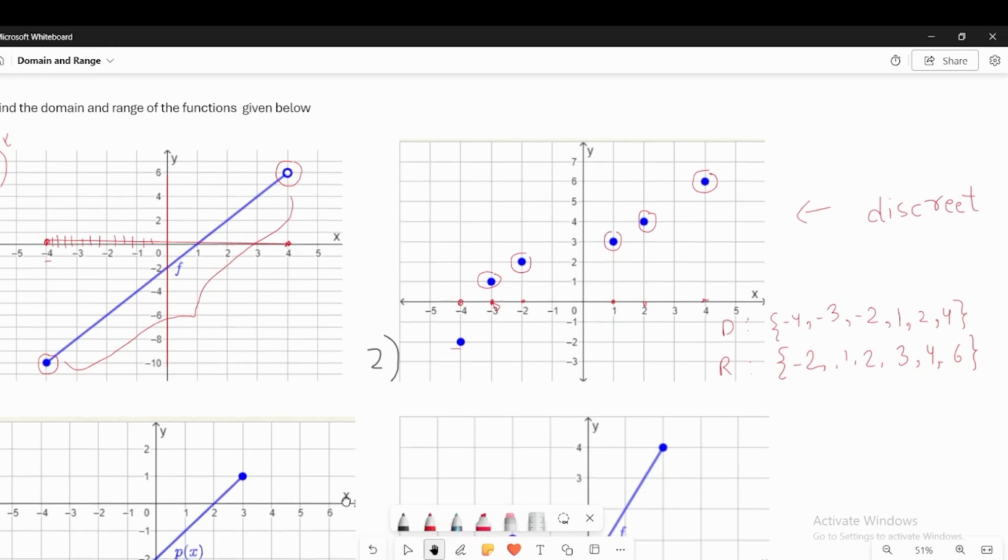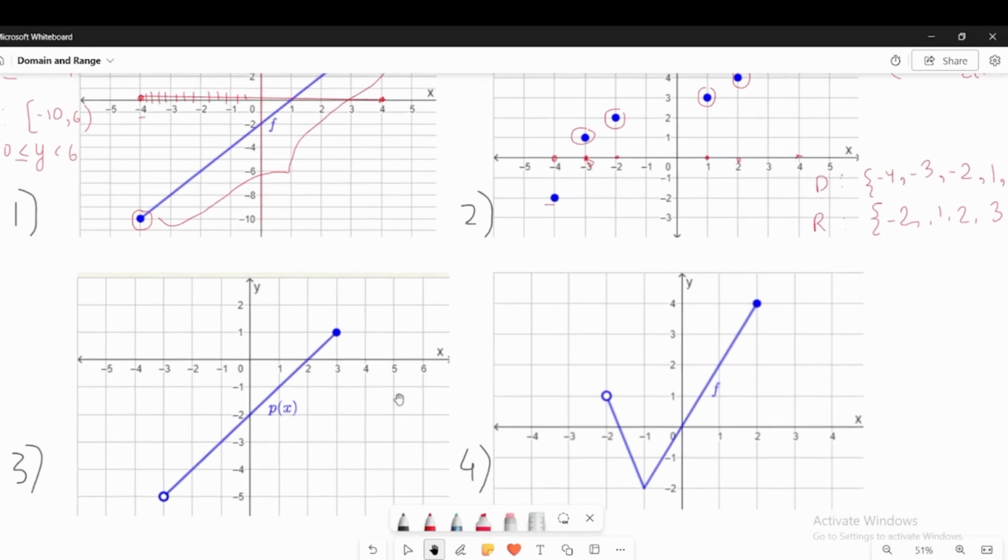Let's see the next one now. In question number 3, again we have a continuous graph. So you can see here that one end is open and the other end is closed. So always see that. Now to find the domain, again we will follow the same process. We will see from where to where the x-axis is going on the graph.